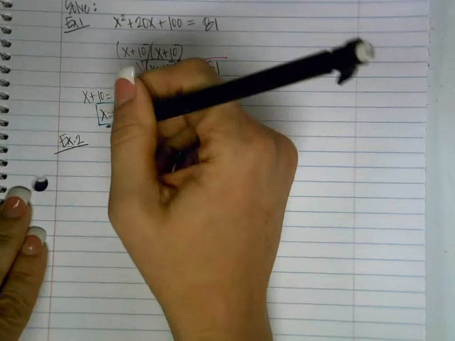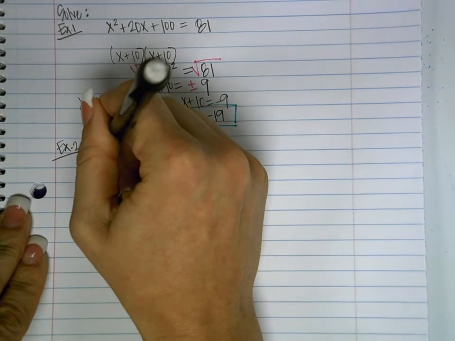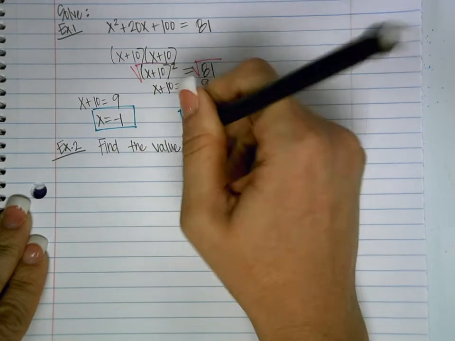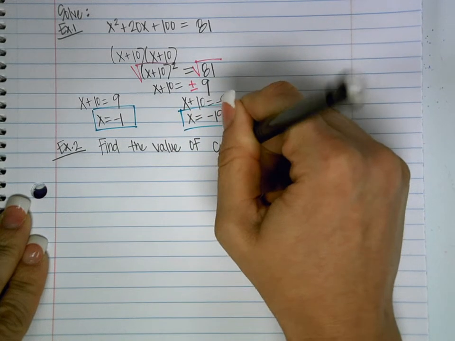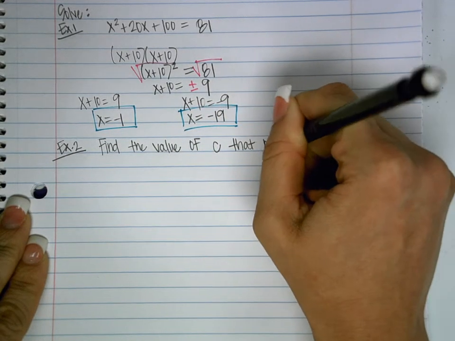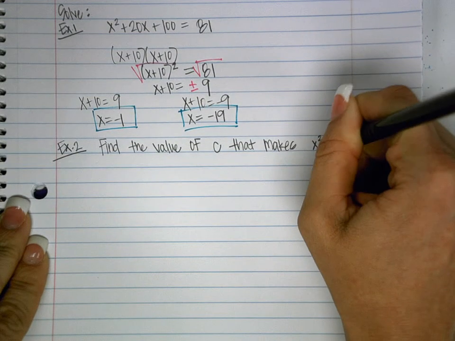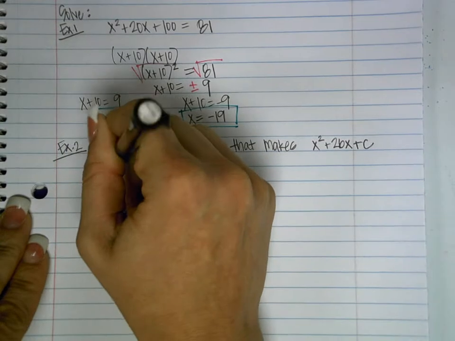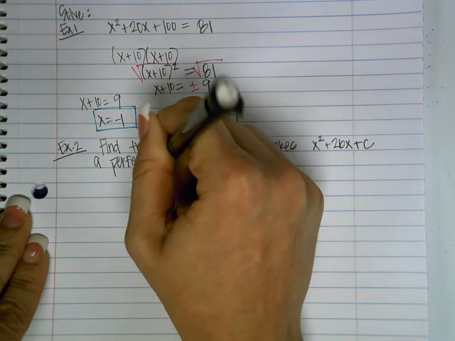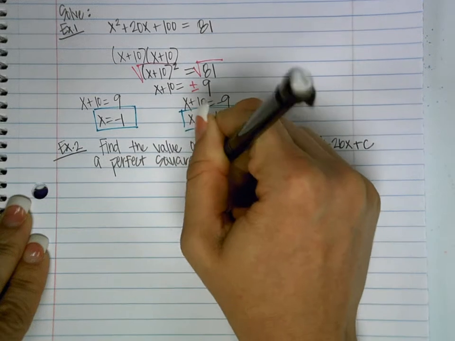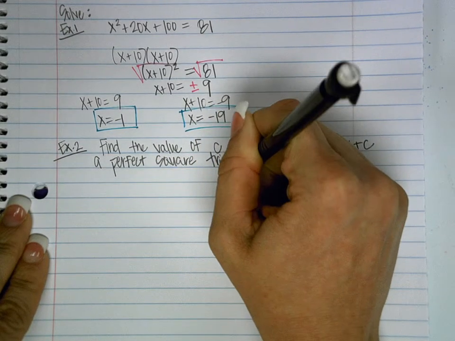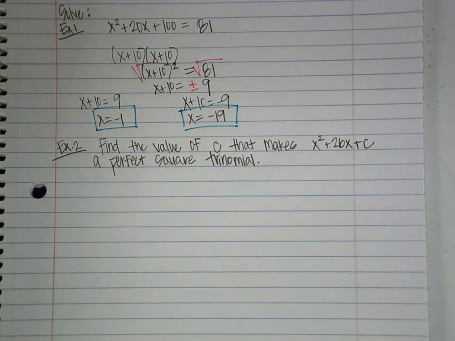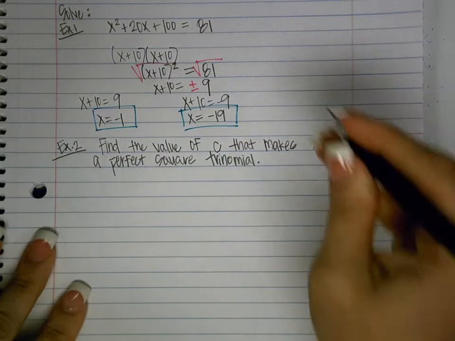So for example number 2, you do need to write down these words. If I tell you, find the value of C that makes x squared plus 26x plus C a perfect square trinomial.